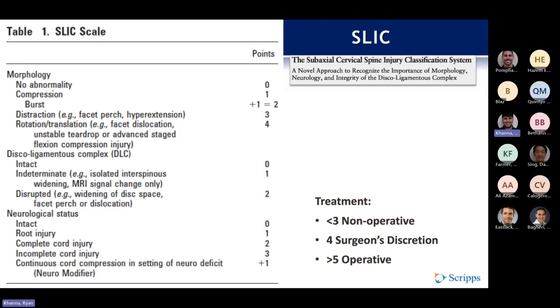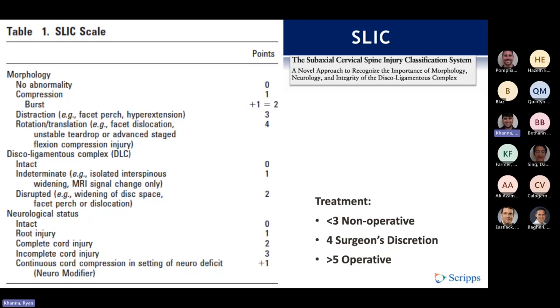Then seeing whether the discoligamentous complex had integrity or not, which I talked about in the anatomy slide earlier, whether the anterior and posterior columns were disrupted or not. And then neurologic status, which, as we all know, is very important. Incomplete cord injuries, especially in the setting of continuous structural cord compression, will push you into operating.